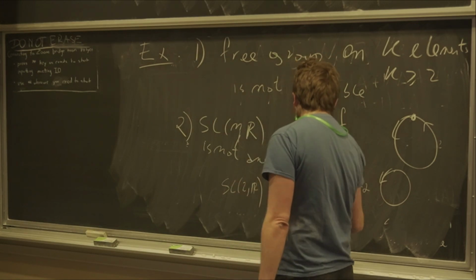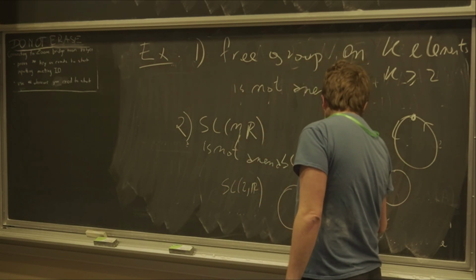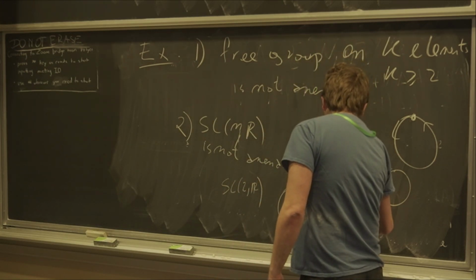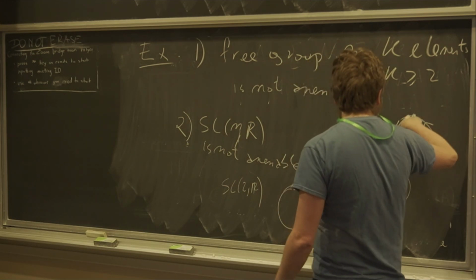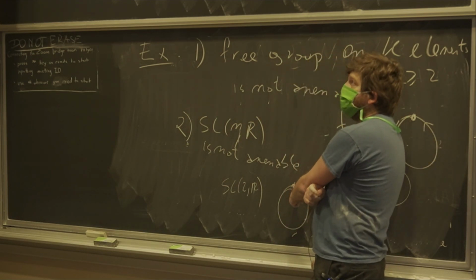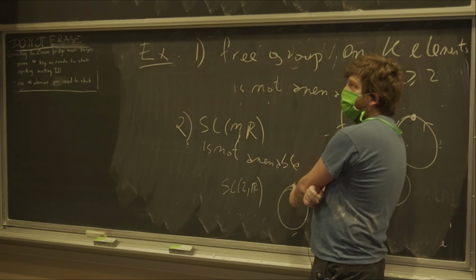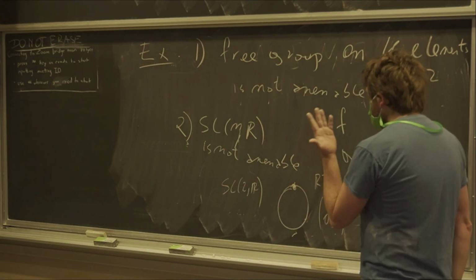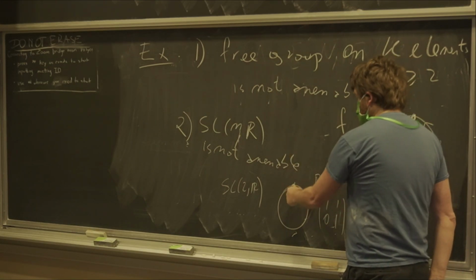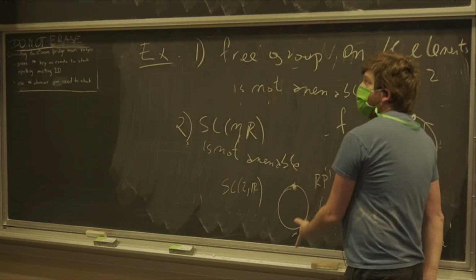We know that SL2R acts on RP1, and we know that this matrix, like this example F, has this fixed point and no other fixed point. So if it were amenable, there should be an invariant measure, and the invariant measure should then be this fixed point.